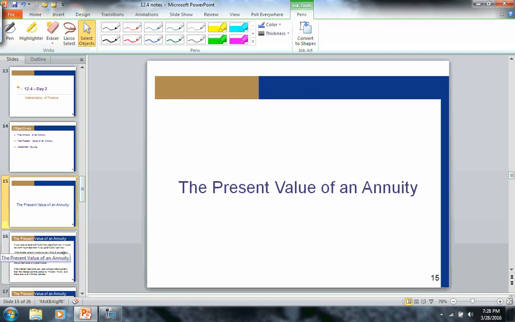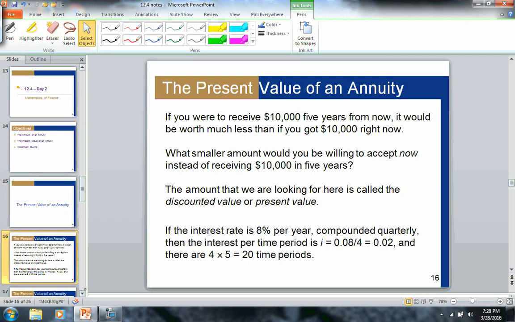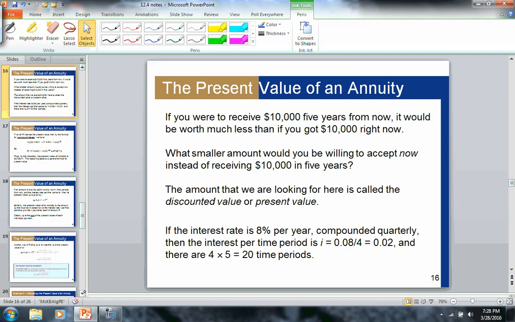So when we start with the present value of an annuity, that's what you would get now in order to have a certain amount later. So let's just say that if you want to receive $10,000 5 years from now, it would be worth much less than if you got $10,000 right now.